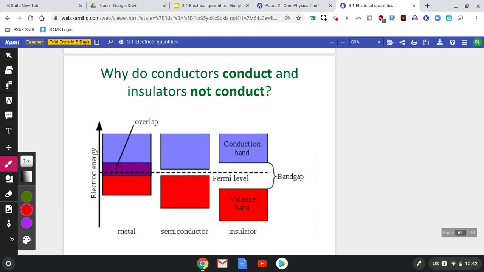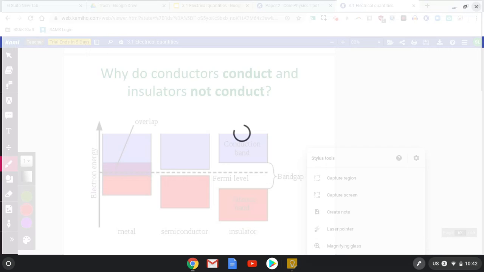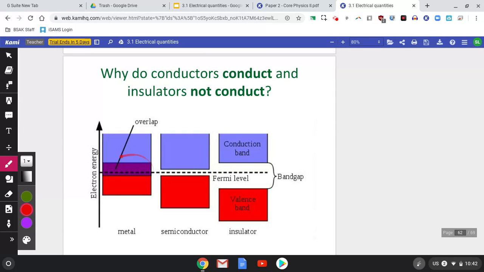In metals, the conduction band and valence band are always overlapped. In insulators, the gap between the conduction band and the valence band is always too high for electrons to jump across. But with semiconductors, that gap is small enough so that electrons can, if they get enough energy, jump into the conduction band and join the conduction party.